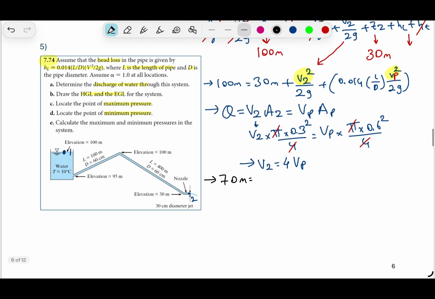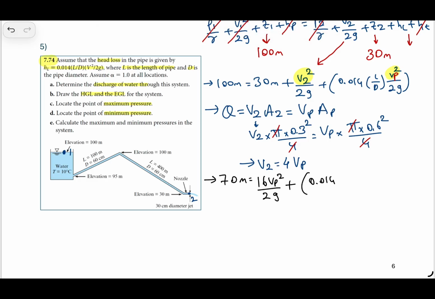So the square of 4Vp is 16 Vp square over 2g, plus we have 0.014. The L, which is the length, is 500 for the pipe. So we have 500.